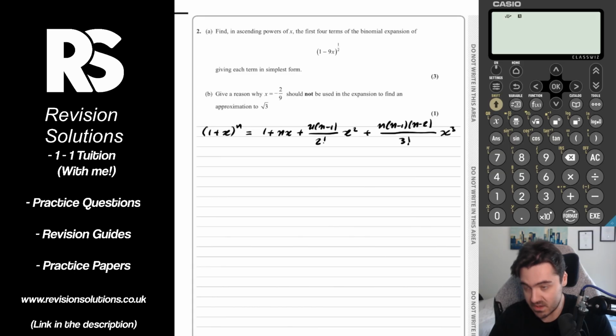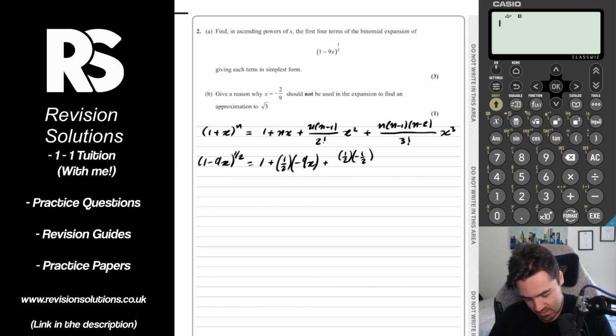And then we're just going to have to sub into that formula now. So 1 minus 9x to the half, we'll have 1, then plus a half times minus 9x, then plus a half times minus a half. 2 factorial is just 2, so I'll just write 2.